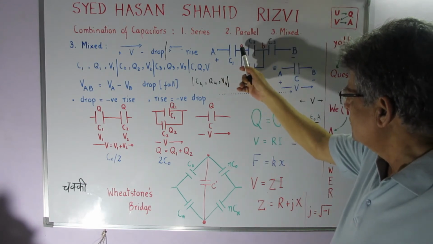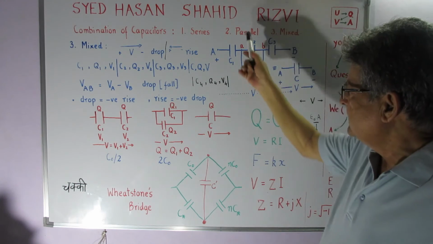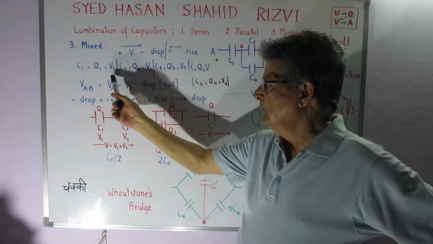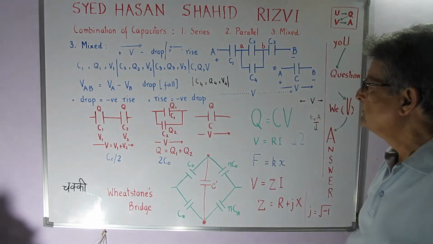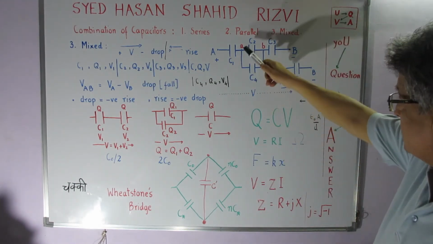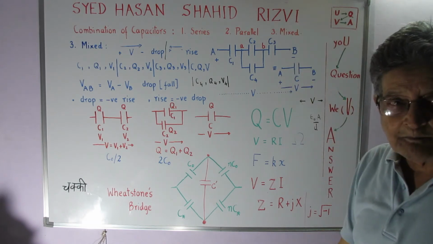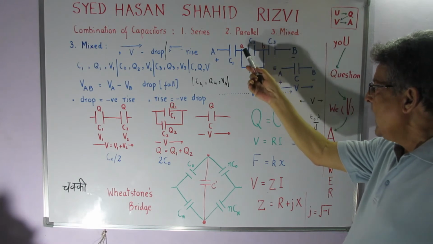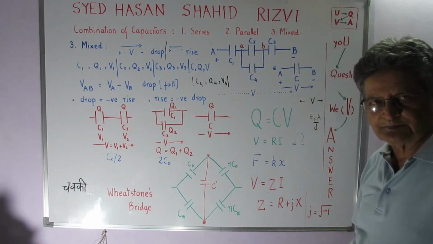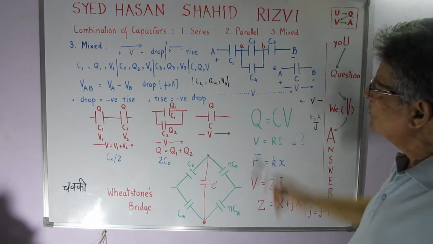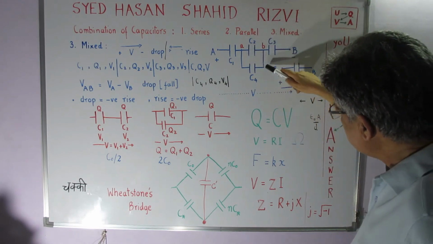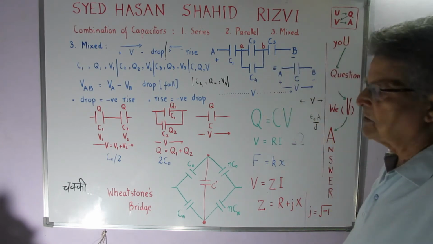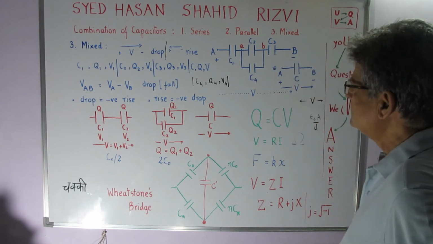From A I come to small a, and we encounter the capacitor C1 having the data C1, Q1, V1. No problem. Then from the point A I want to go to the point B. Look here. I have one path to go like this, where we encounter C2, and there is another parallel path where I encounter C4.